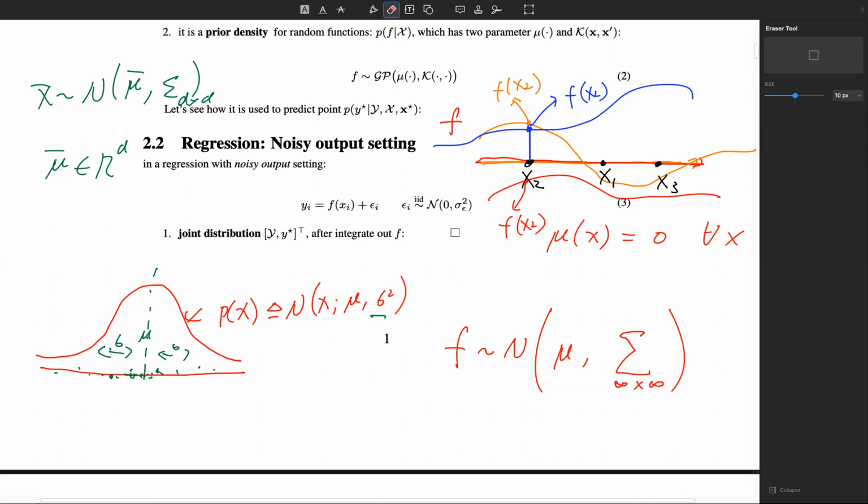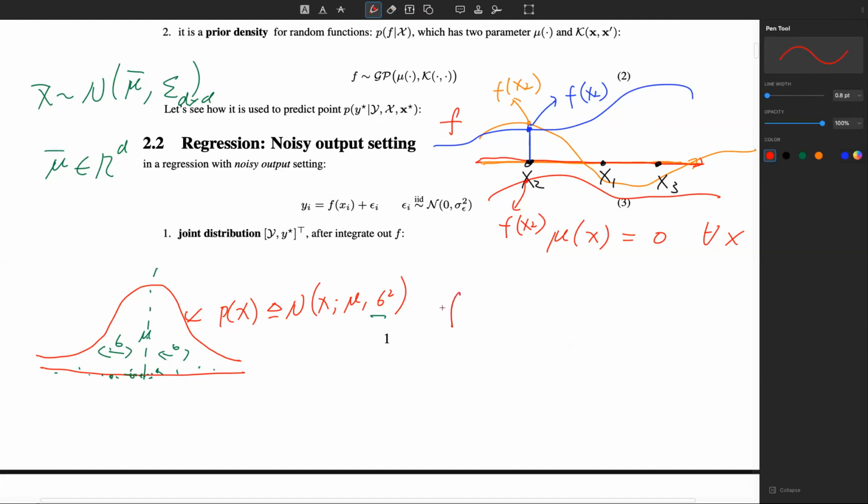So let me rub this out, because that is not how we are dealing with things, right? Under a Gaussian process, f of x2 is a Gaussian random variable, not x2. x2 is arbitrary. f of x2 is a random variable, and you will have a mean of 0 because we made it to be 0, right?